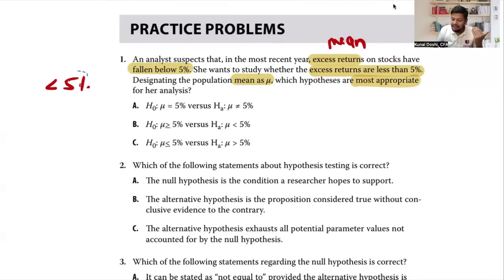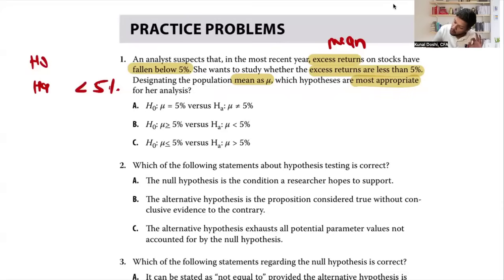Now, before I even look at the choices, one thing you need to understand is that in a hypothesis, the null and the alternate never have the equal to sign. The equal to sign is always with the null. I'll repeat, the equal to sign is always with the null. So if they had given me less than or equal to, then I would call it null.